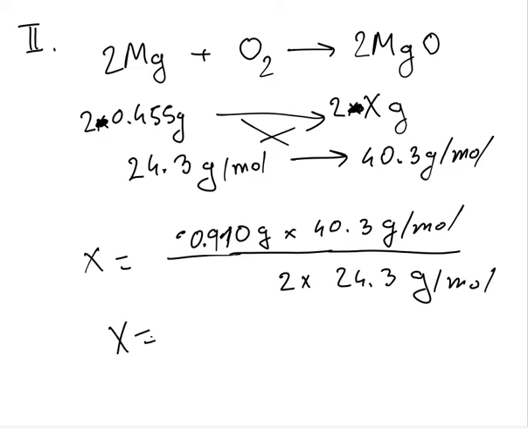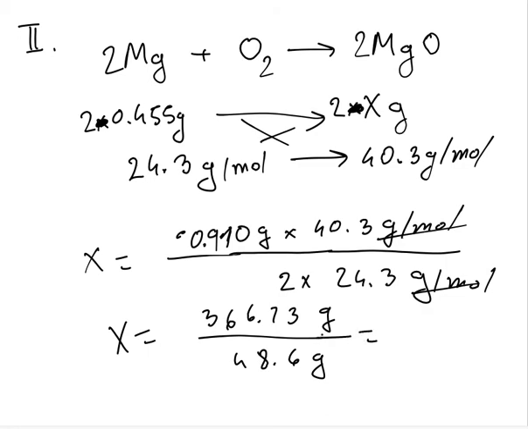So we have to do some calculation, bear with me. 0.910 times 40.3 is 36.673, grams per mole cancels so we're left with grams. 2 times 24.3 is 48.6. So it's 36.673 divided by 48.6.